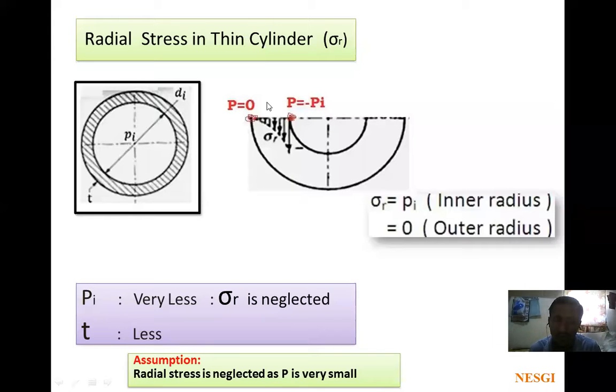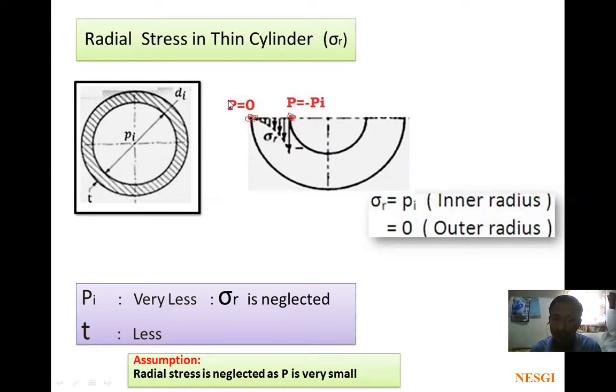In that case, the radial stress at the outer radius is 0. At this point it is 0, and at this point it is equal to the inside pressure. The minus sign indicates that it is compressive in nature, meaning opposite to the applied pressure. That's why the radial stress at the inner point is taken as minus pi.